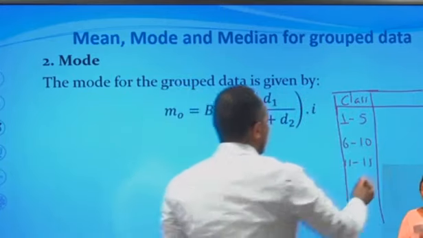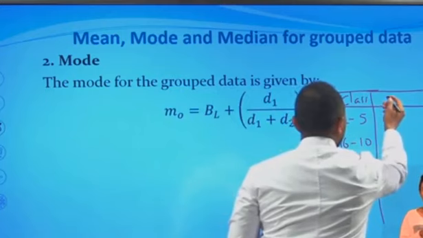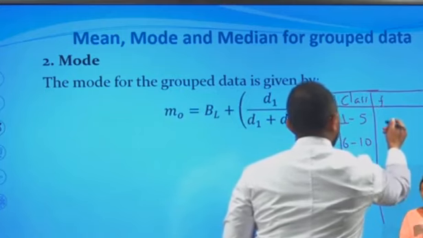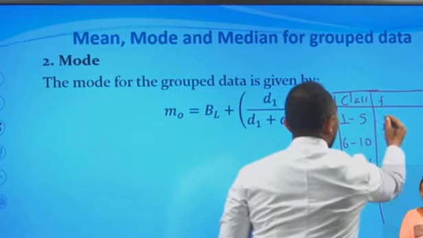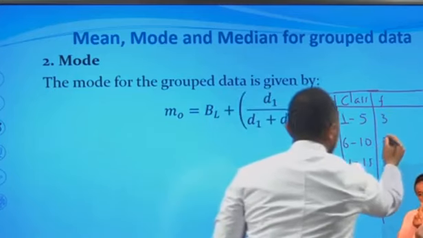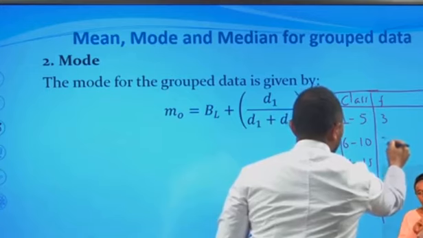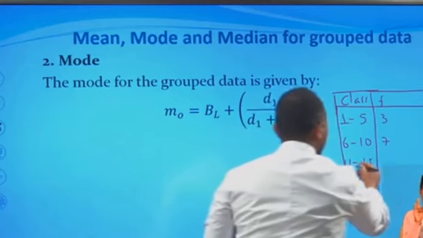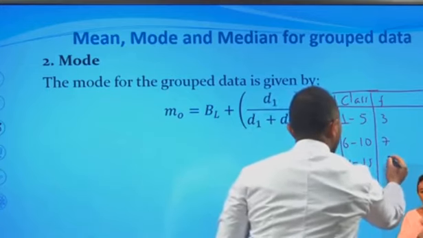Now let's take the frequencies. Assume the frequency on the first interval is 3. The frequency here is assumed to be 7. The frequency here, let's assume 4.